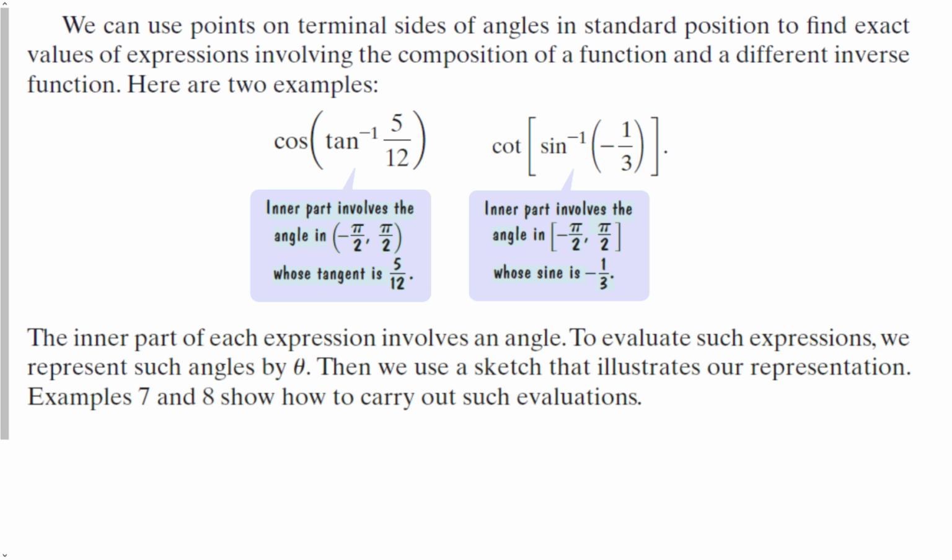So we can use points on the terminal sides of angles in standard position to find the exact values of expressions involving composition of functions with different inverse functions. If we remember what the tangent is actually doing, we can sketch out an angle or a triangle and figure this out.